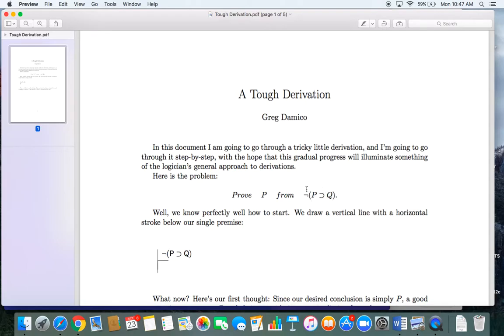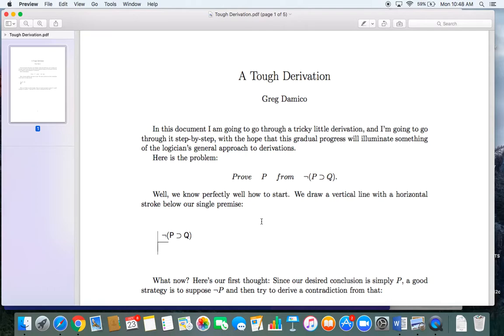Because if it's true that not if P then Q, well, that can be true only if P then Q is false. And we know that P horseshoe Q is false only when P is true, and in fact, Q is false. So if we have not P horseshoe Q, we ought indeed to be able to prove that P.